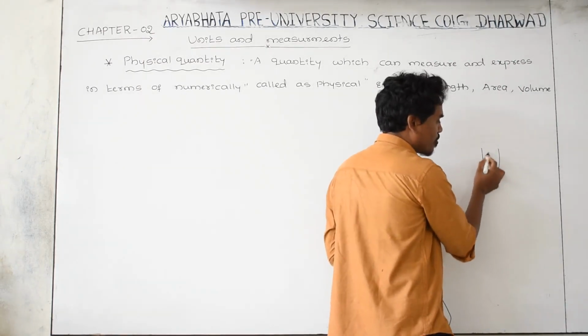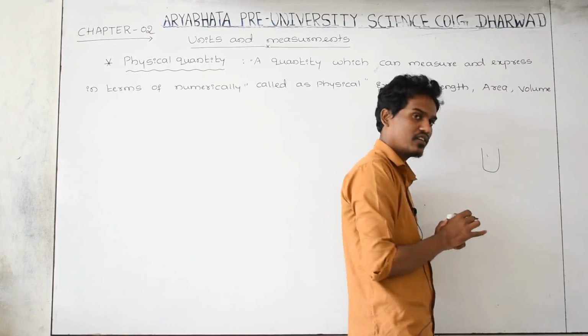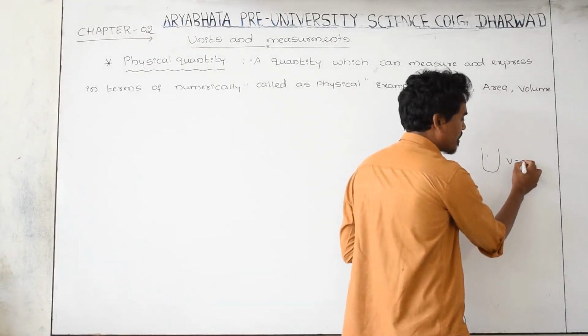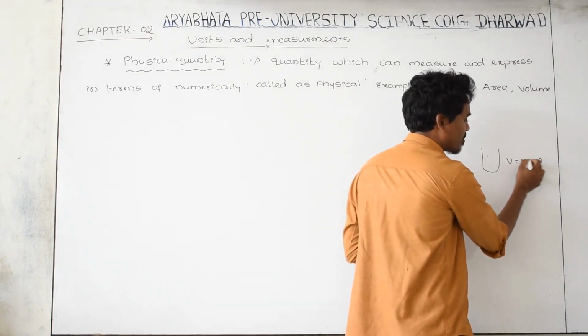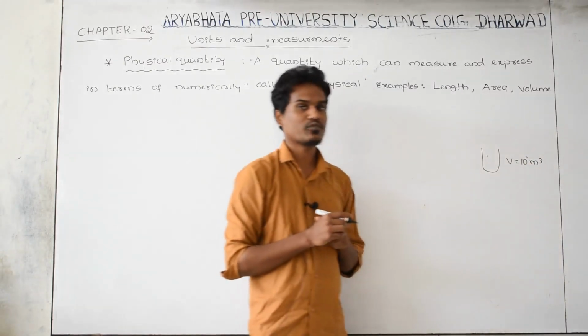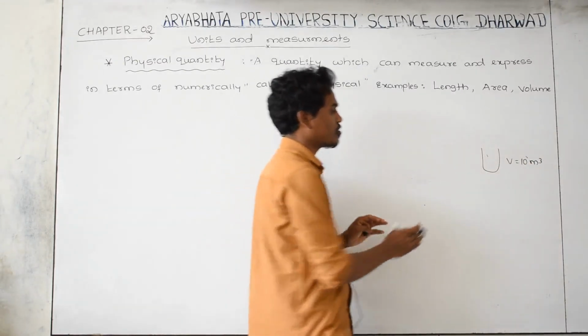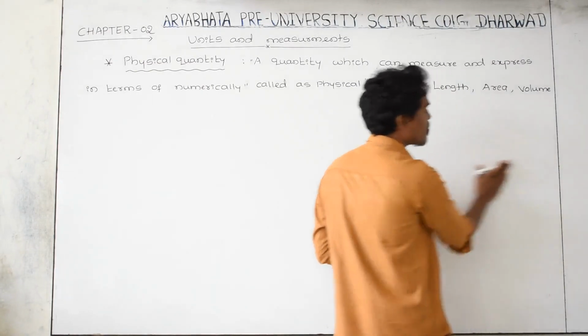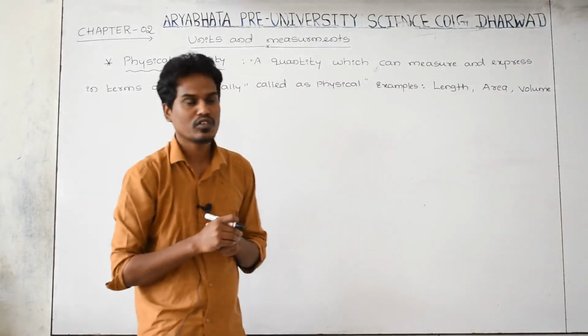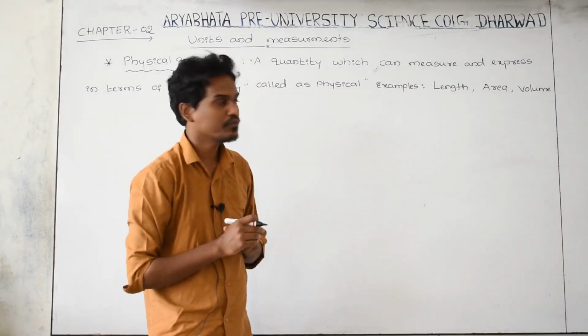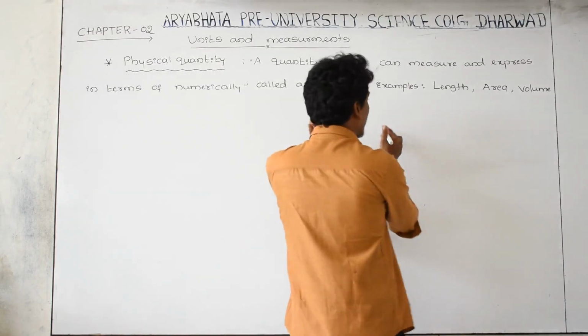And volume can be measured, how much it is. For example, volume is around 10 meter cube. Yes, it is possible to express in terms of a numerical value. Volume is also able to be measured as well as expressed in terms of a numerical value. And next example, you can take velocity.